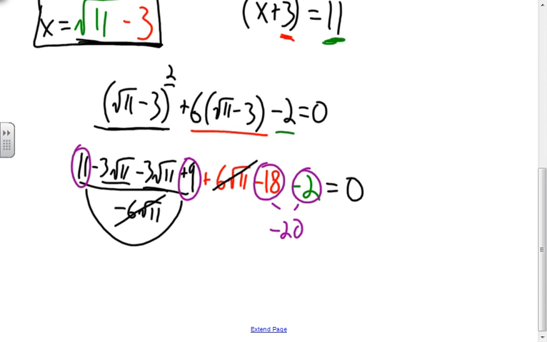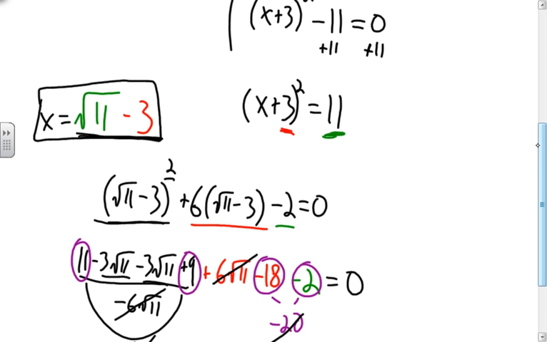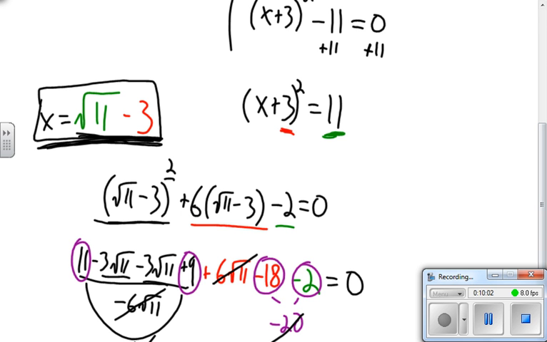Combine these two, that's a positive 20. Those will cancel out, and we're left with 0 equals 0, which is true. So our answer of x equals square root of 11 minus 3 is correct. So that's how you would solve by completing the square.